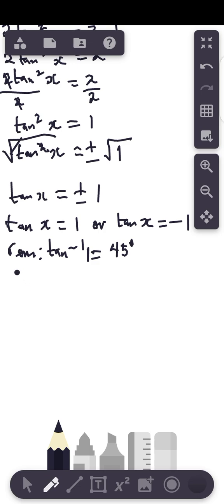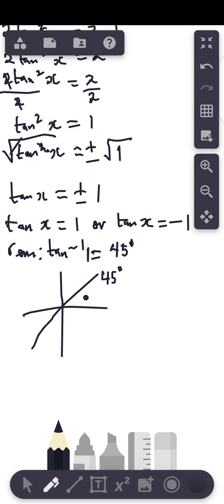Now how do we know the possible values of our x, since our tan inverse of 1 is 45 degrees? That will bring us to angle at a point. First thing we need to remember is that in the first quadrant, our angle is 45 degrees, and it is positive, since all angles in the first quadrant are positive.